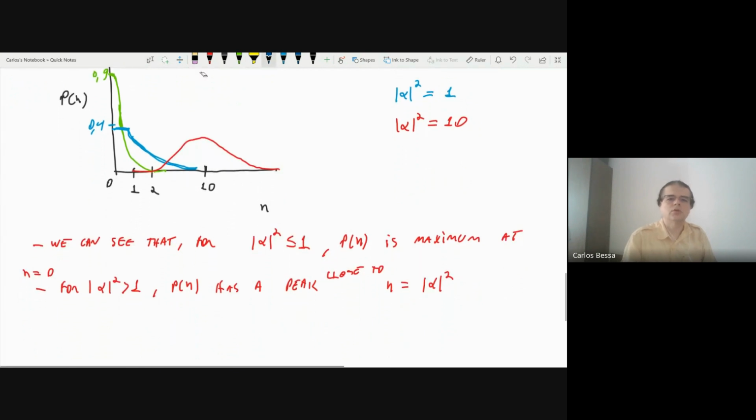So another property, as we discussed earlier, is that the coherent state is the state of minimum uncertainty. But we just said that. Let's prove this now.